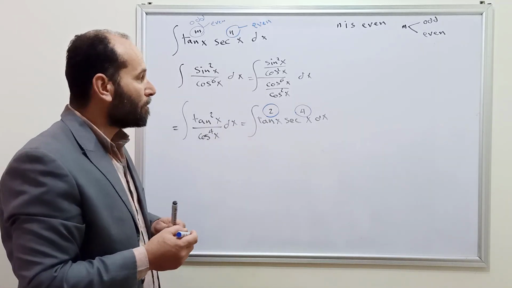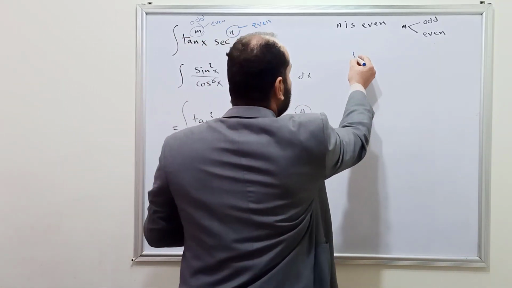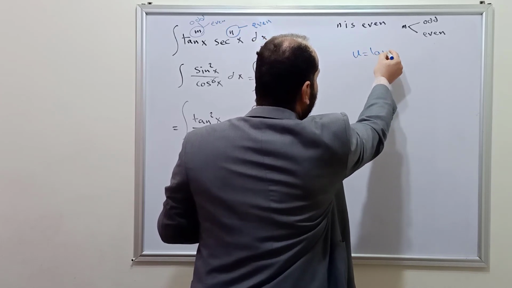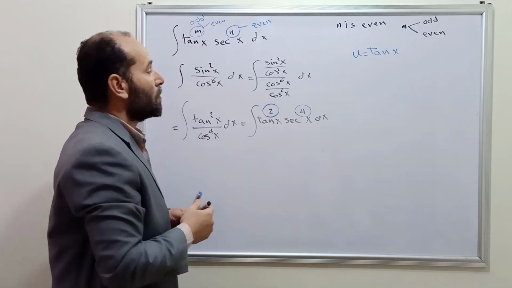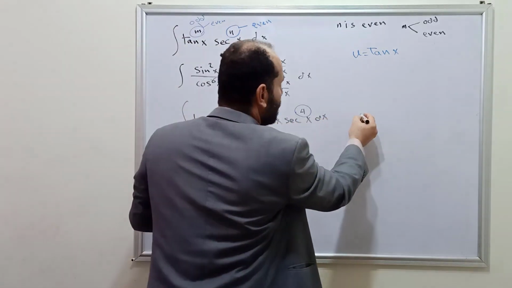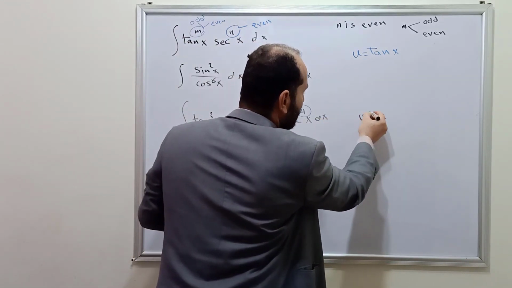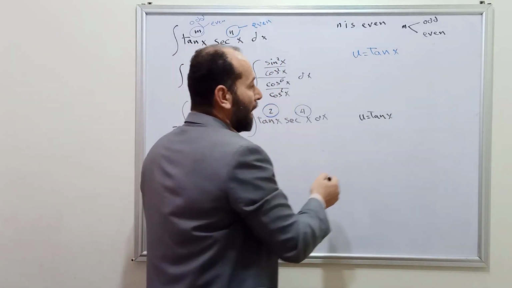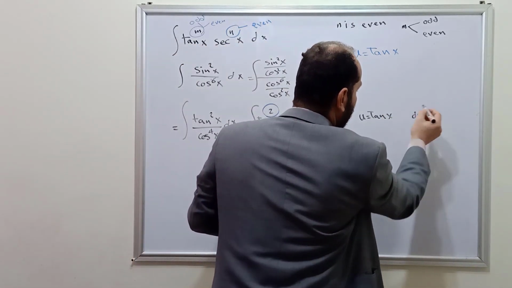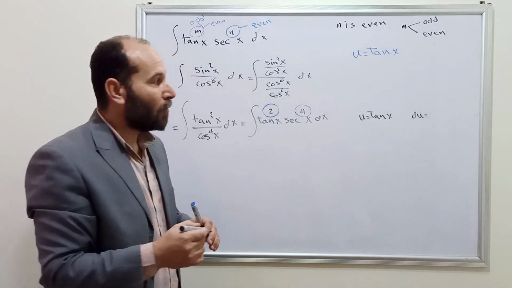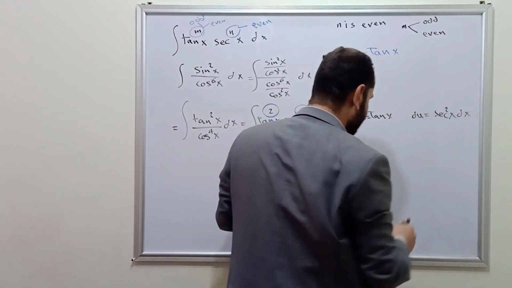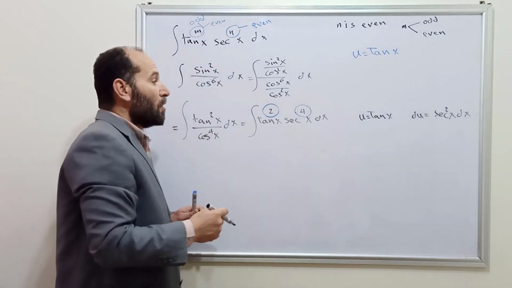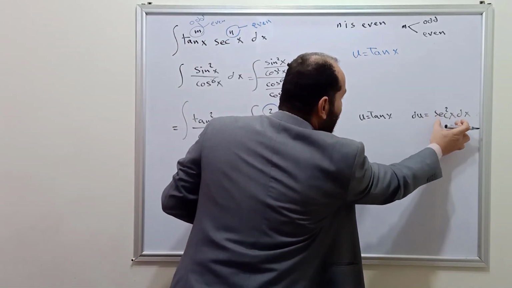In this case, we substitute u equals tan x, and du equals sec squared x dx. So we need sec squared here.